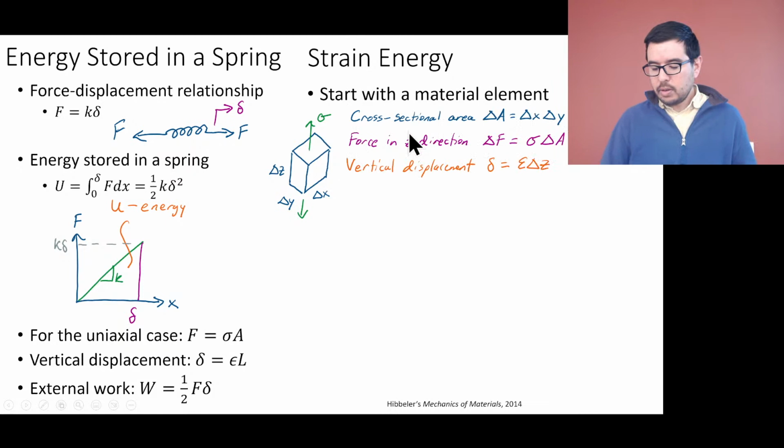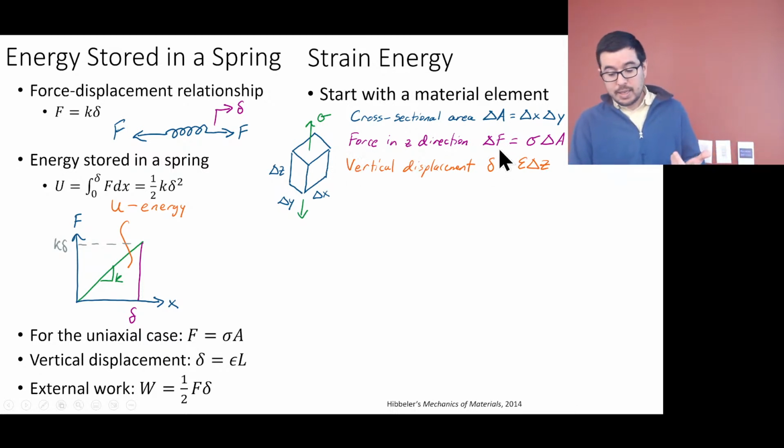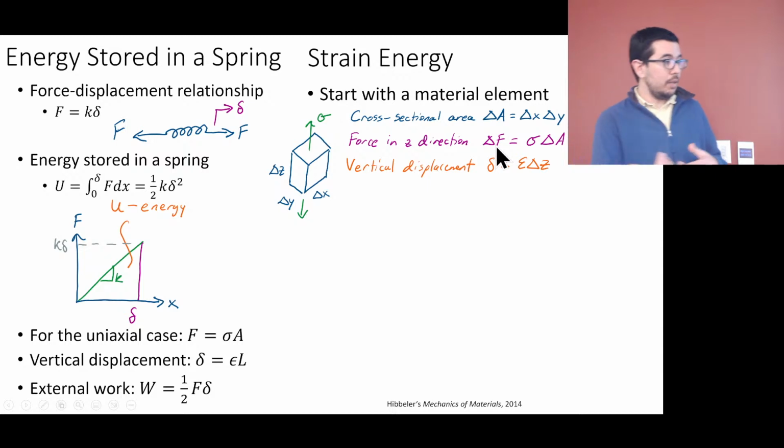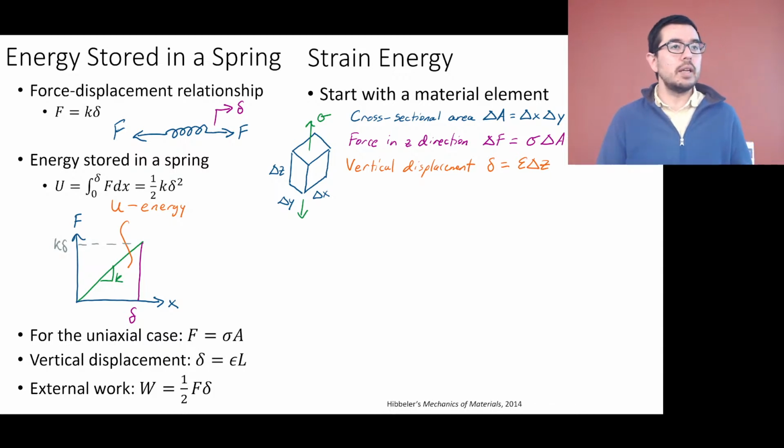So here are some parameters. Cross-sectional area, like I said, is just delta x, delta y. And the force in the z direction we can actually calculate: if you gave me the stress in that direction and I know the cross-sectional area, I can do the product of those two and I get force.